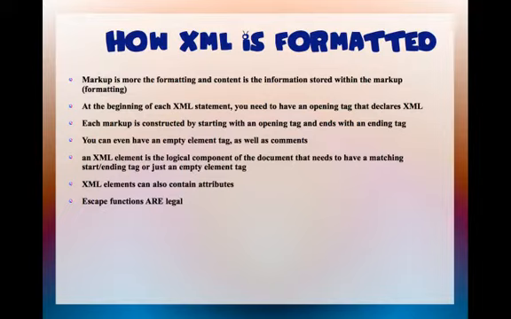XML also contains attributes. For example, in an image source tag in HTML or XML, there's two attributes in that, the src and the alt part. And you can also have an attribute associated with a specific value.